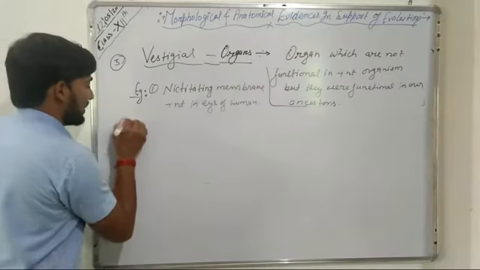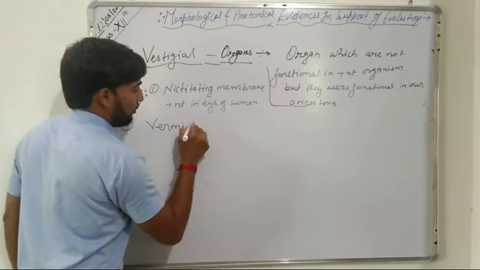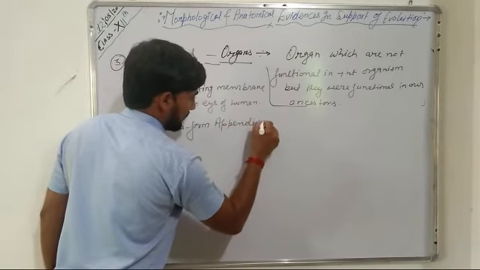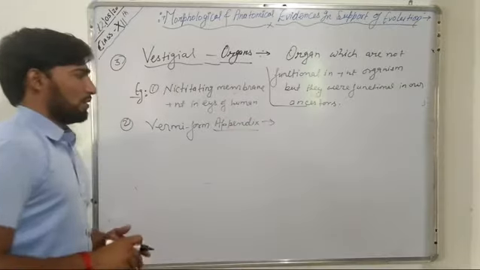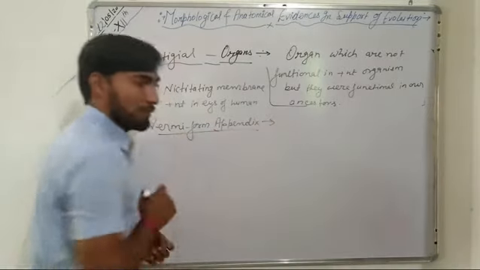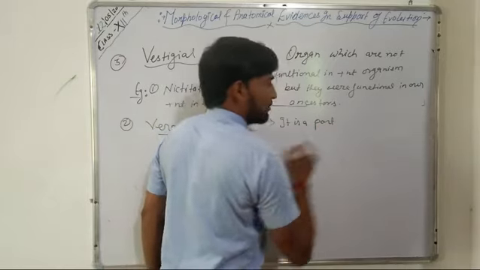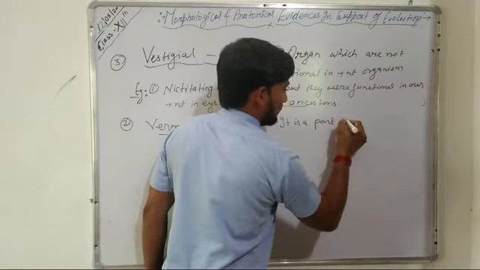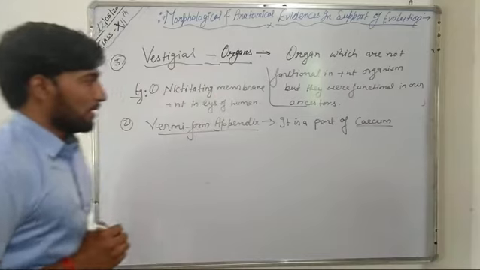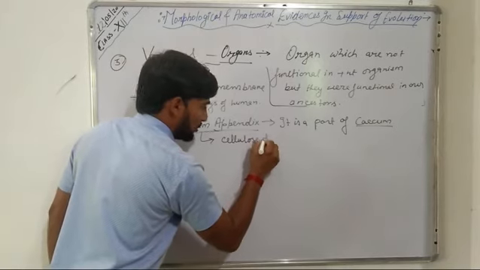The second example is the vermiform appendix. You have heard about appendix disease; it is related to the vermiform appendix. It is a part of the digestive system, a part of the cecum, and it is responsible for cellulose digestion.